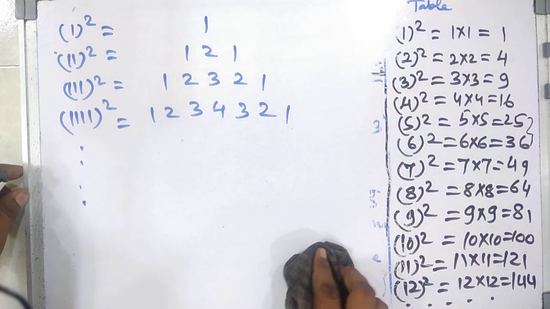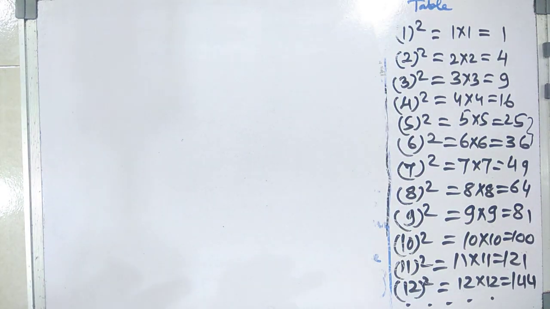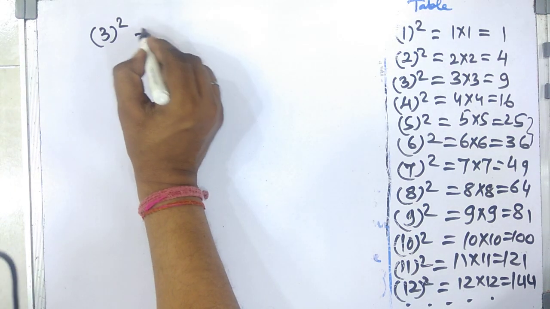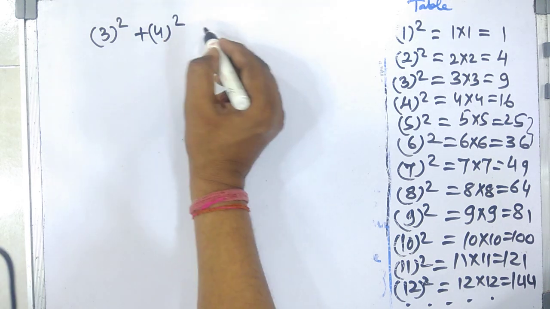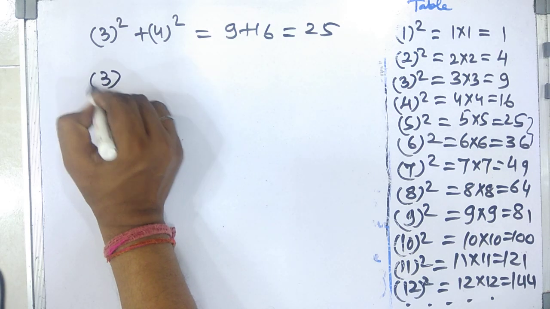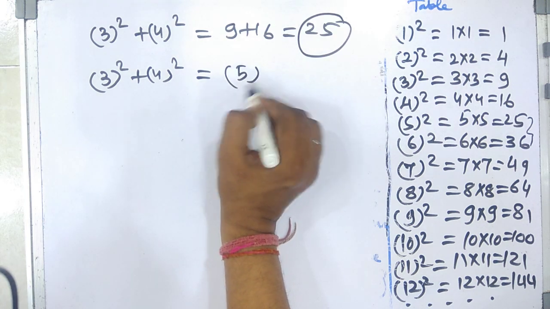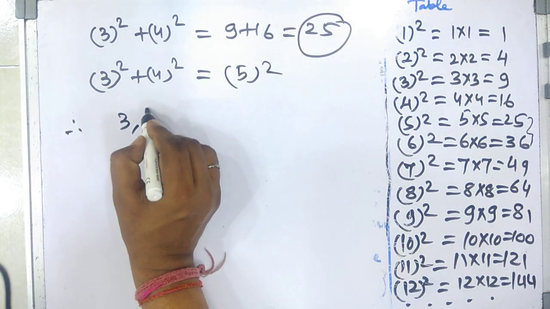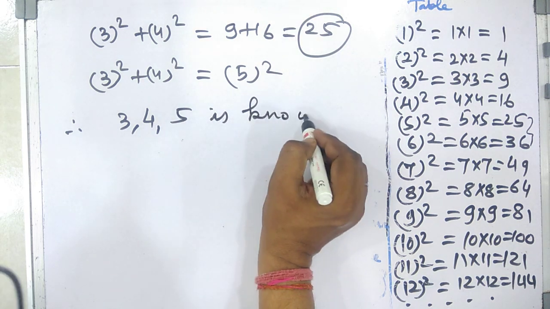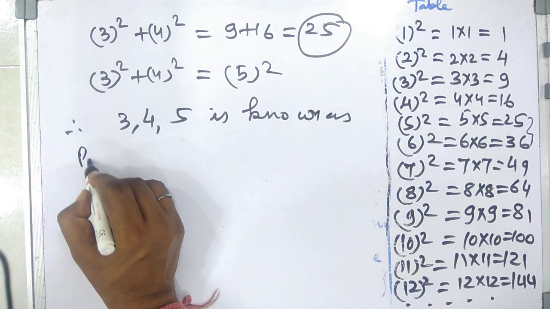Next, students, what are Pythagorean triplets? You all studied in earlier classes. 3 square plus 4 square is equal to 9 plus 16 is equal to 25. It means 3 square plus 4 square is equal to 5 square. Therefore 3, 4 and 5 are known as Pythagorean triplets.